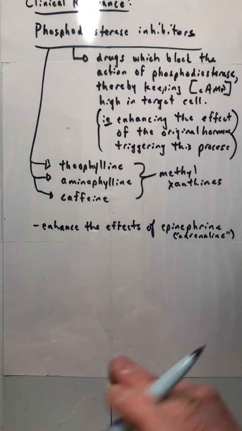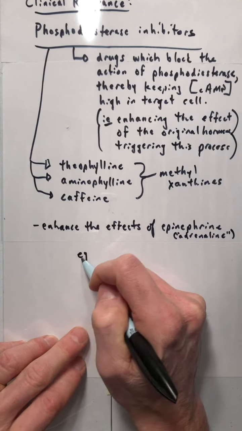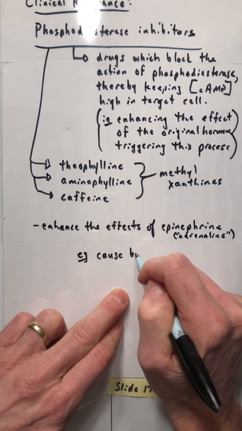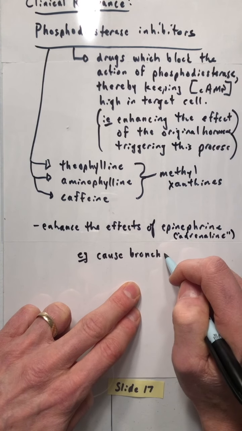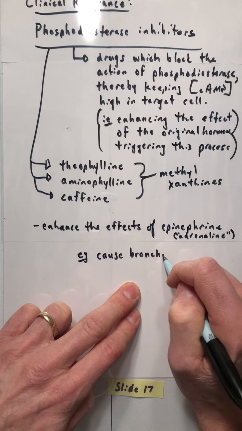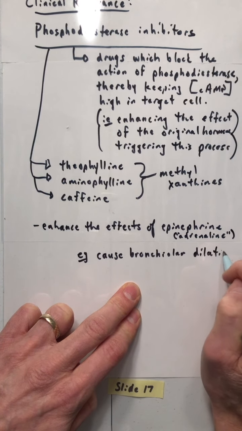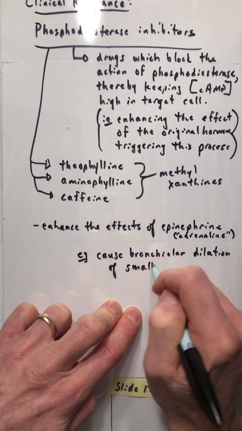So one of the normal effects of epinephrine is to cause bronchiolar dilation. That's the real term for it, bronchiolar, even though most people call it bronchodilation. It really should be called bronchiolar dilation of the small airways in the lungs.